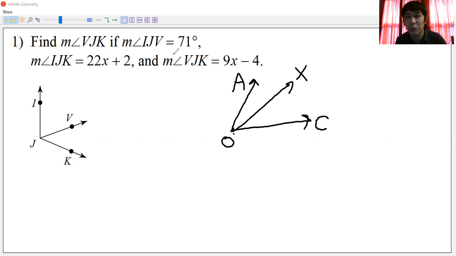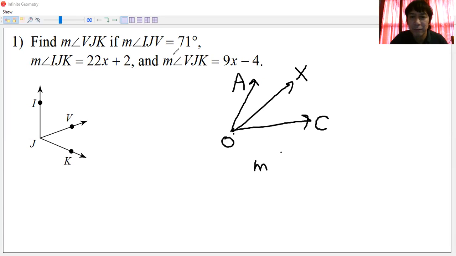Now, the definition of between rays goes like this. If OX is between rays OA and OC, then we have the following statement.